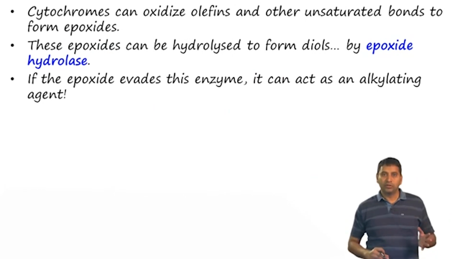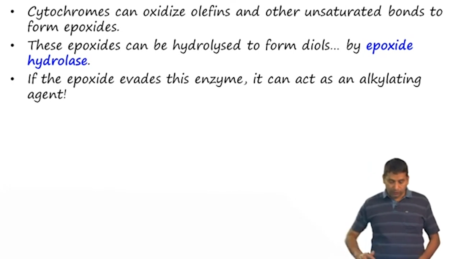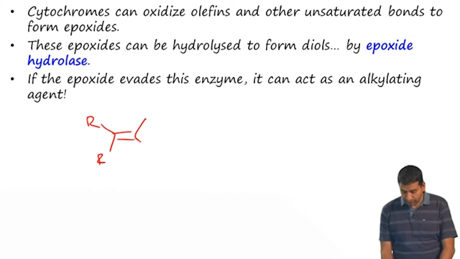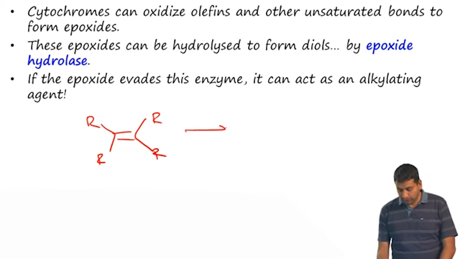So, cytochromes can also oxidize olefins and other unsaturated bonds to form epoxides. Okay. So, let us look at what the reaction is. So, you have R, let us say we have a double olefin like this. In the presence of cytochrome P450, this can actually undergo oxidation, epoxidation to form this kind of molecule.